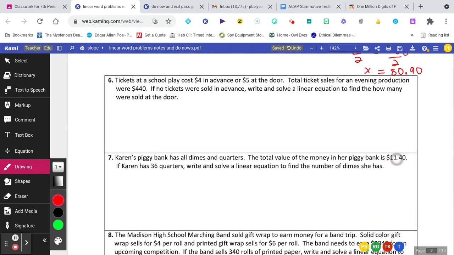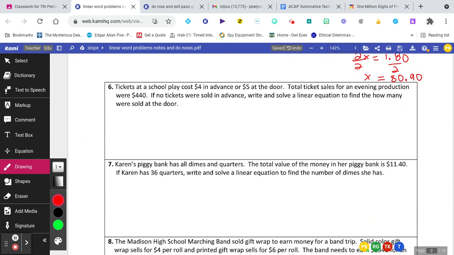Let's take a look at 6. It says tickets at a school play cost $4 in advance or $5 at the door. Total ticket sales for an evening production were $440. If no tickets were sold in advance, write and solve a linear equation to find how many were sold at the door, or the number that was sold at the door.